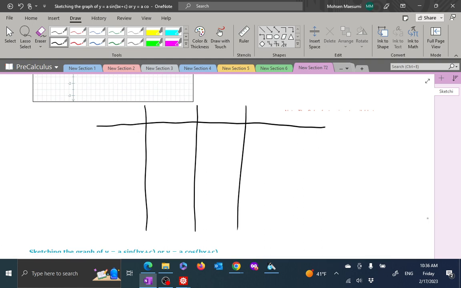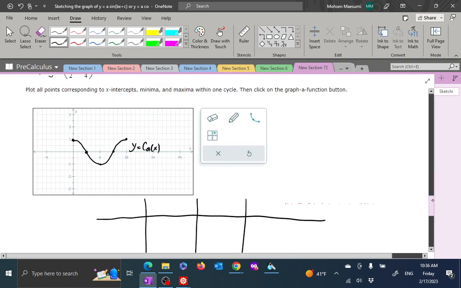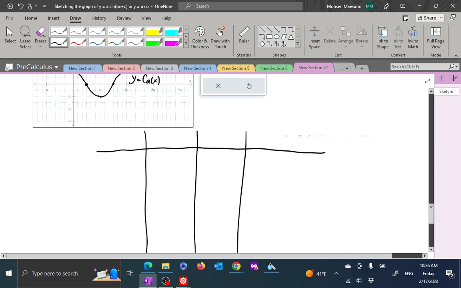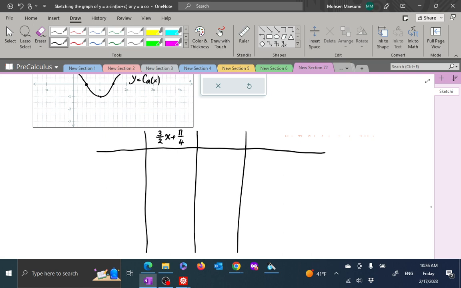So we have 3/2 x plus pi over 4, and we are taking the cosine of this, cosine of 3/2 x plus pi over 4.